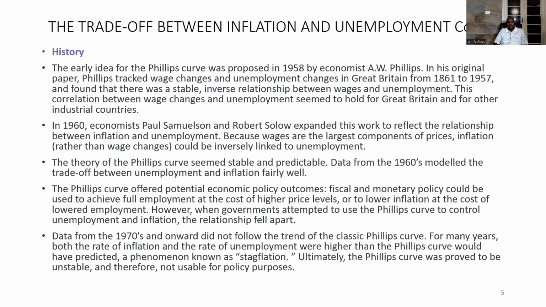The history, as I've already told you, is that the theory is associated with the studies that were done by the economist Arthur W. Phillips. In his original paper, Arthur W. Phillips tracked wage changes and unemployment changes in Great Britain from 1861 to 1957, and discovered a stable negative relationship between the rate of change in money wages and the unemployment rate.